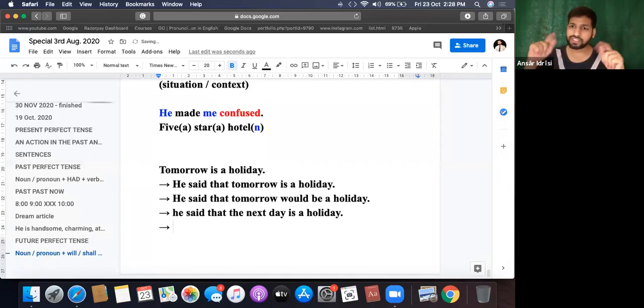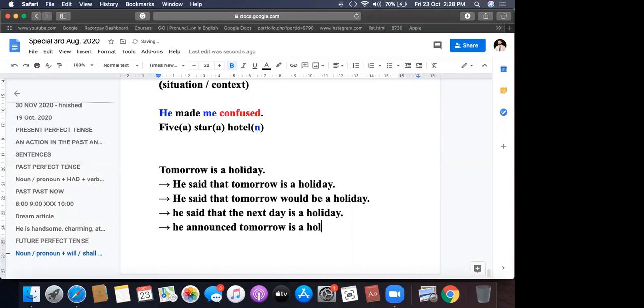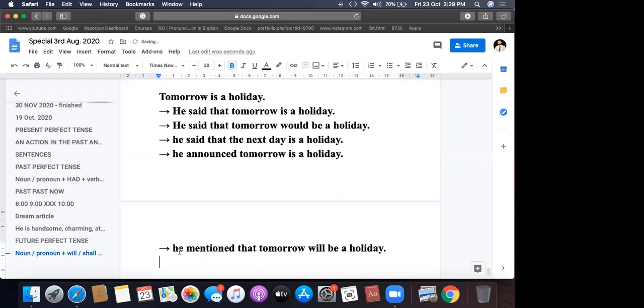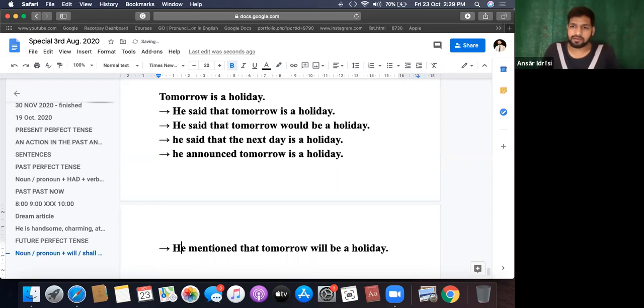Same sentence will change into a fourth one. He announced that tomorrow is a holiday. Next one, he mentioned that tomorrow will be a holiday. This is called direct indirect speech, my dear.